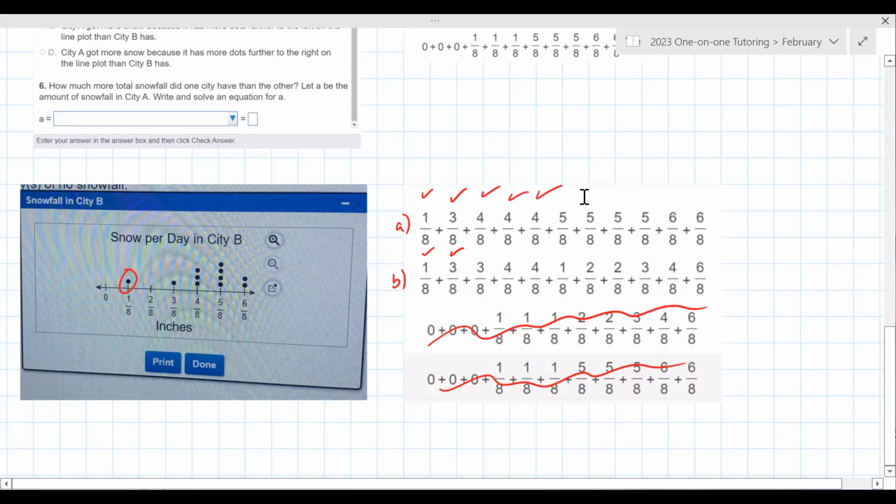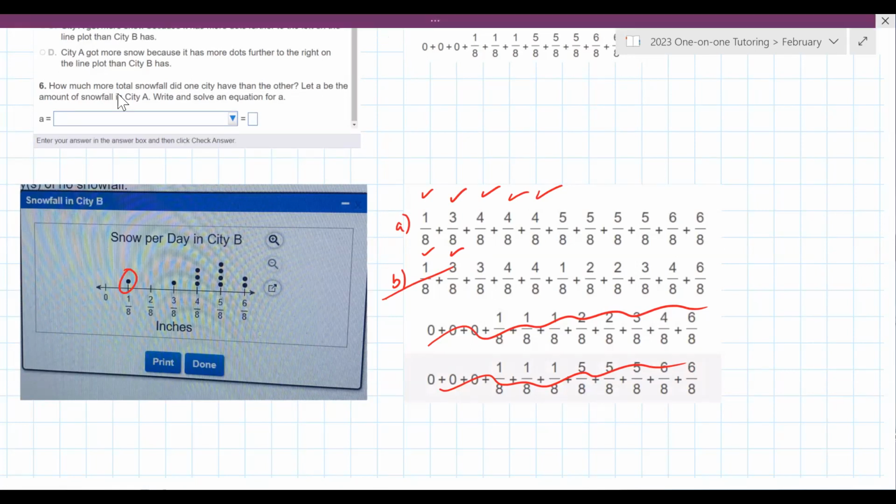Now see how B has a second 3/8? Yes. And that's no good. That's why we can say that one's definitely out. So it's A. Yes, it's A. And the next thing we have to do is actually add them.